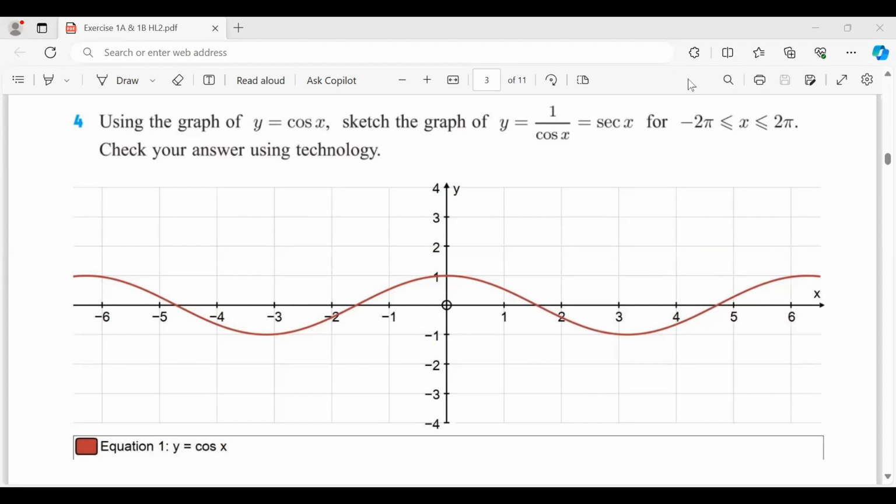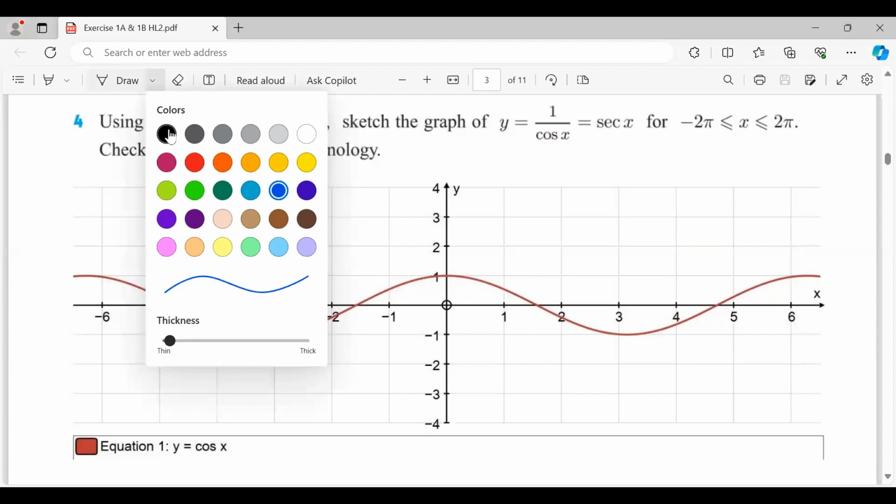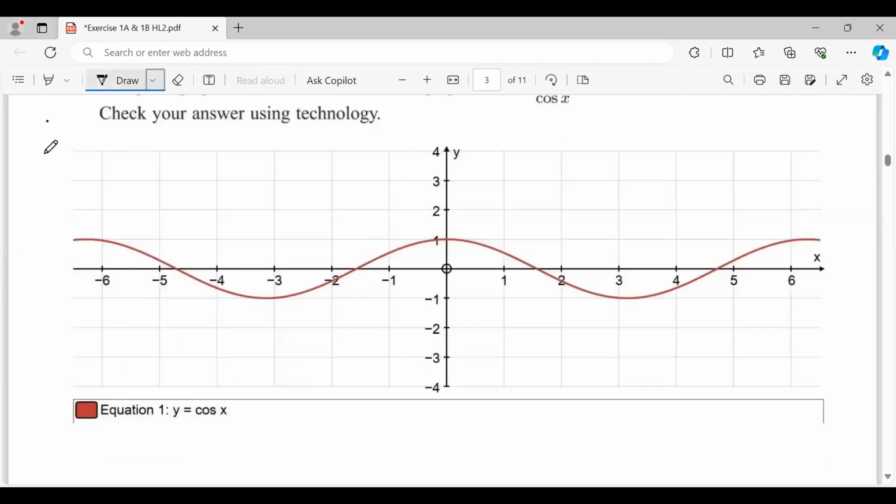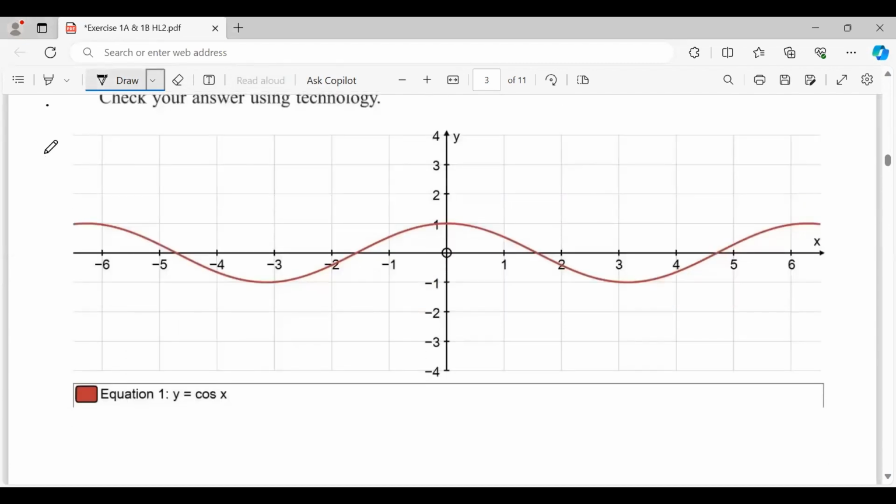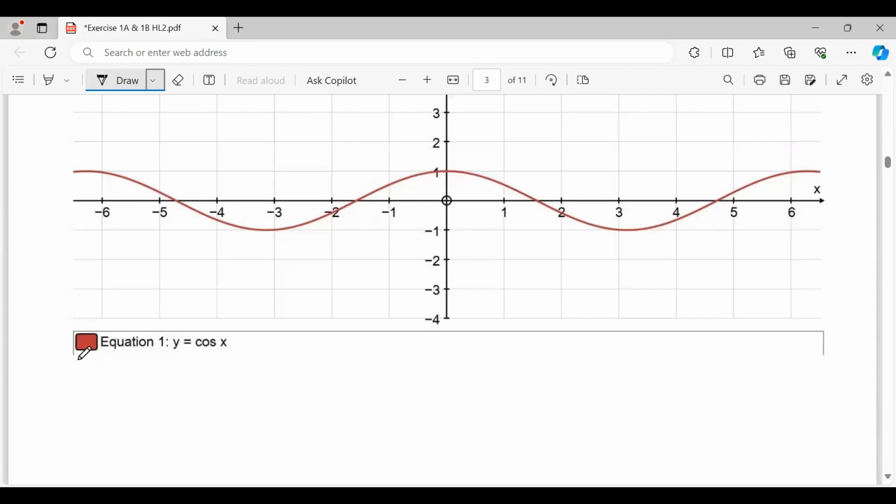Firstly, I will find the values of cosine 0. Cosine 0 equals 1. Same with secant 0 equals 1. This cosine 0 equals 1, so secant 0 as well, 1 here. Okay.